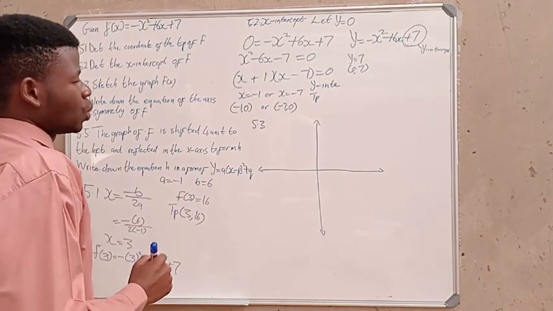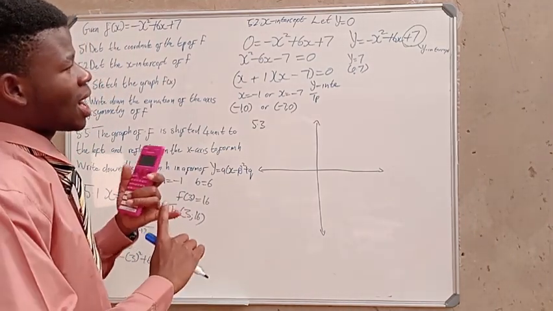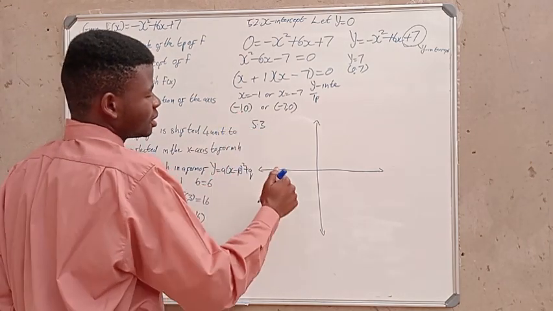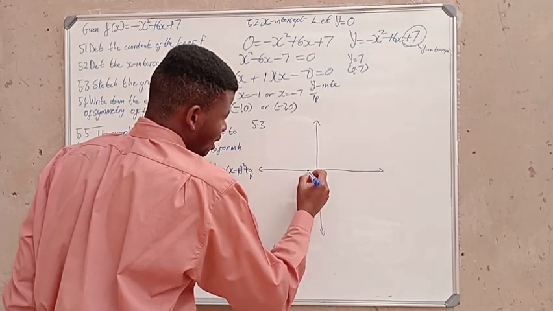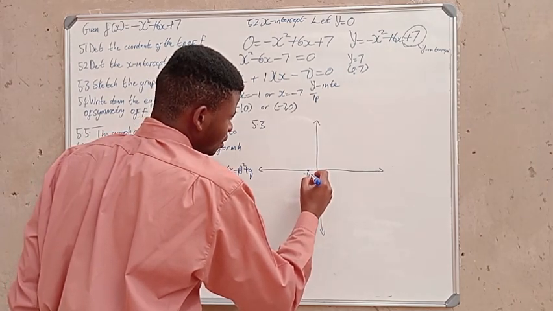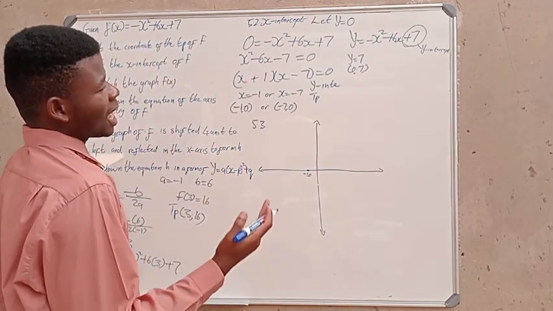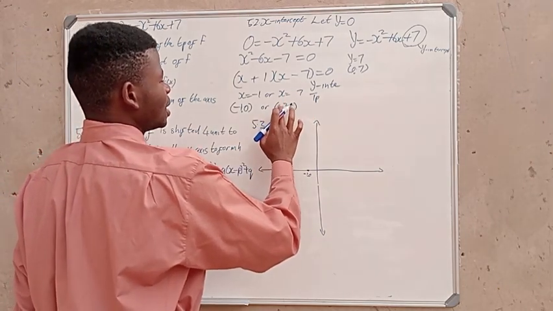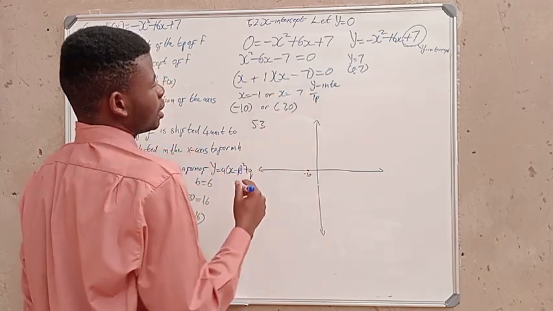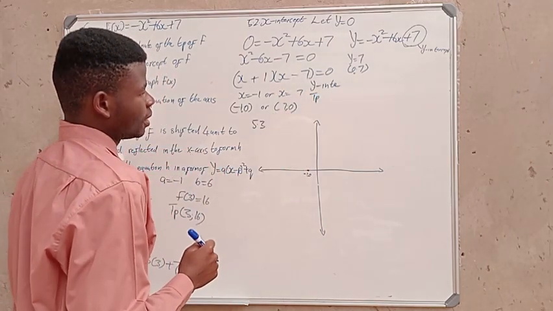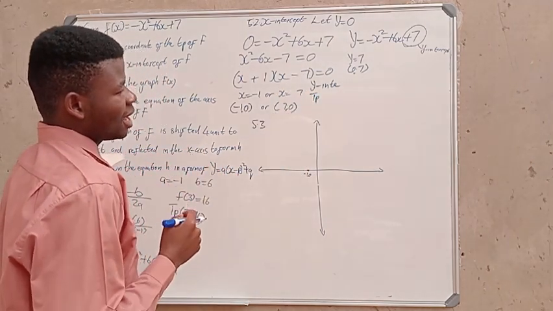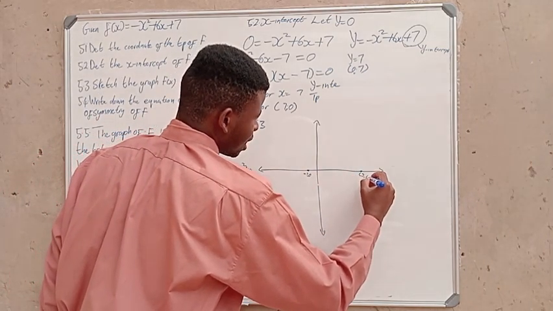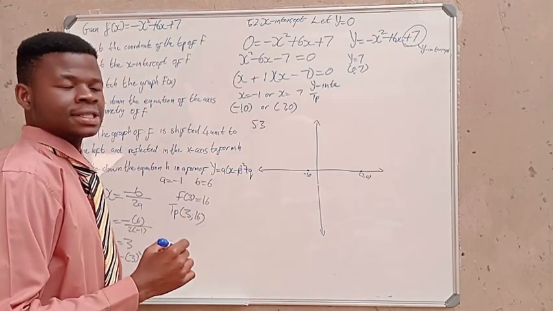So now let's substitute our x-intercepts first. We got -1 and 0, so our -1 will be somewhere here. As you see, I made a mistake here, it's a +7. So what is the other coordinate? Our other coordinate is going to be 7 and 0.